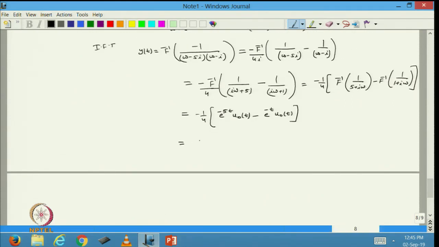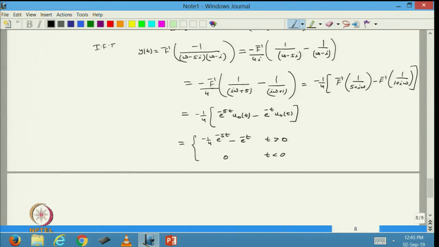So, the solution becomes minus 1 by 4 e minus 5t minus e minus t when t is greater than 0, and otherwise this will be 0, or I can say here that this is 0 when t is less than 0.